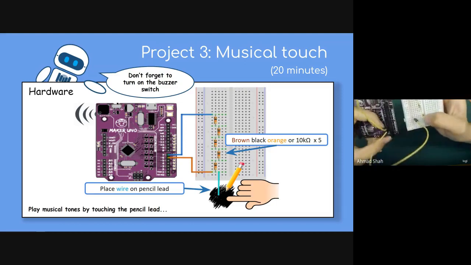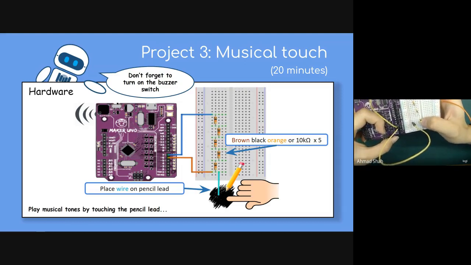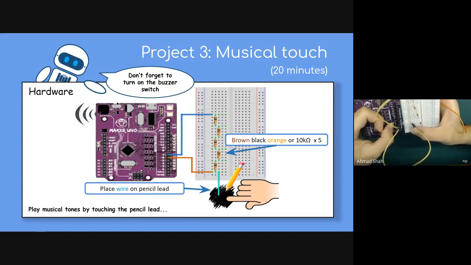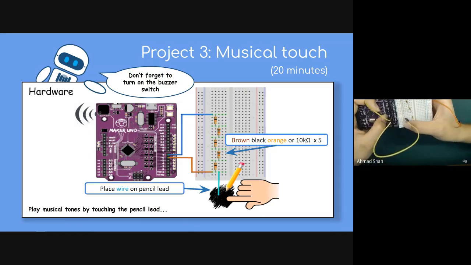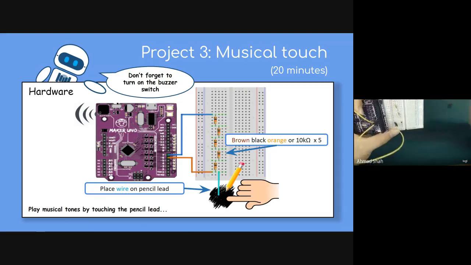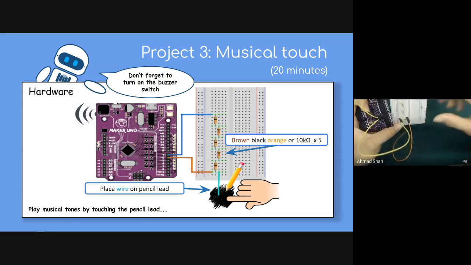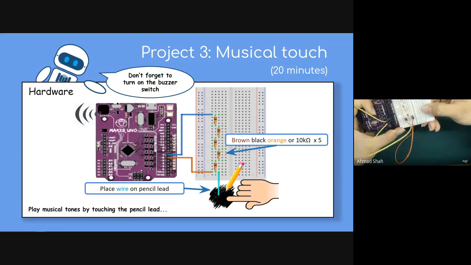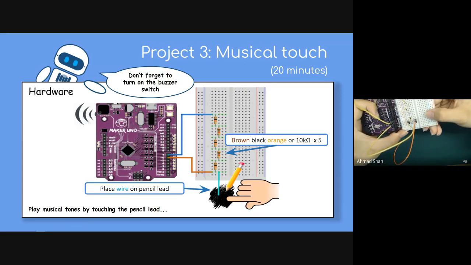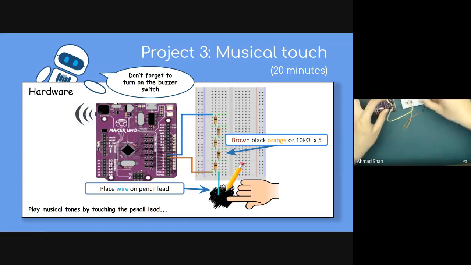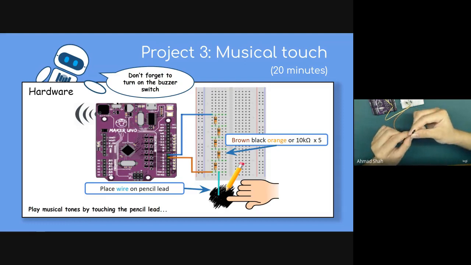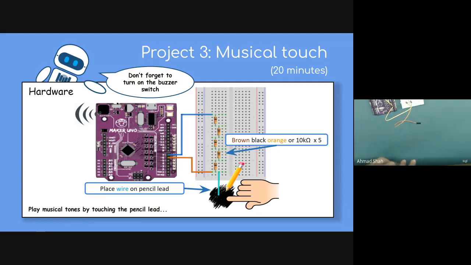But for number 5, this resistor leg and this wire are connected to pin 6. So I will connect another wire here at 5. Okay, this one we will do later.